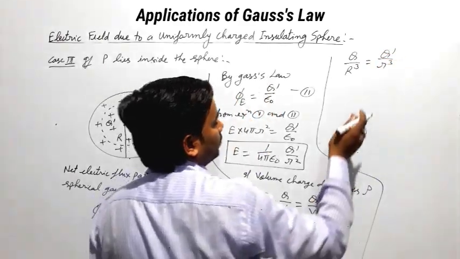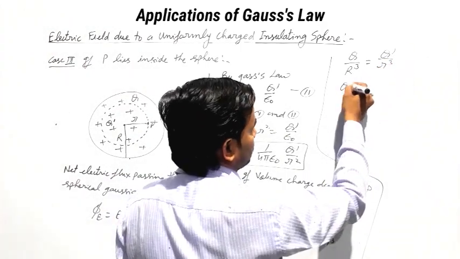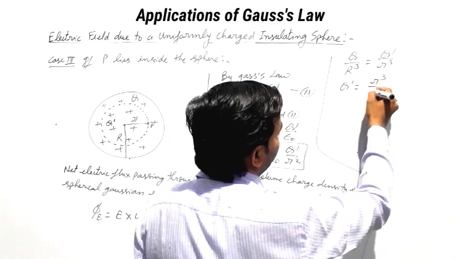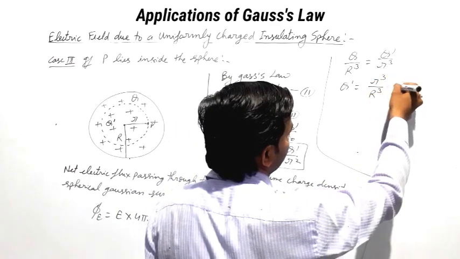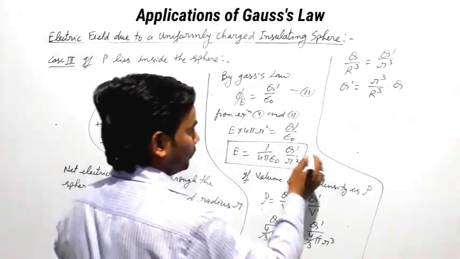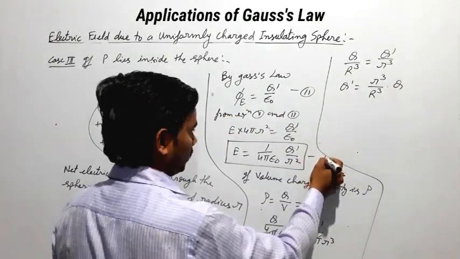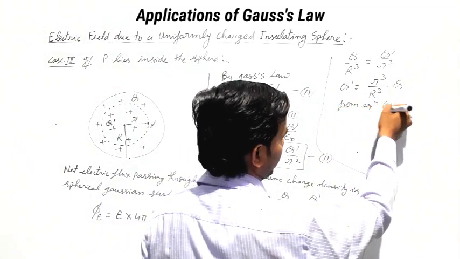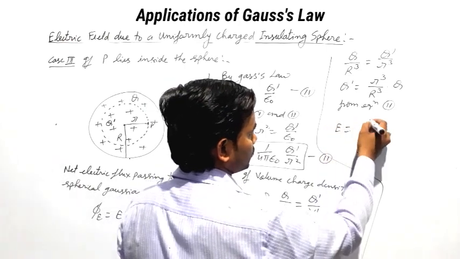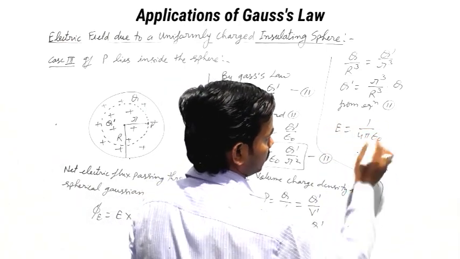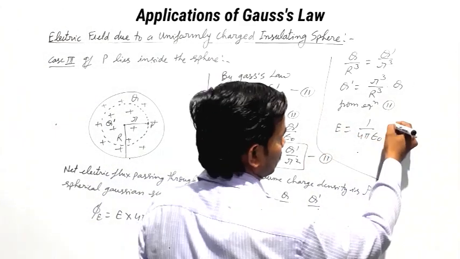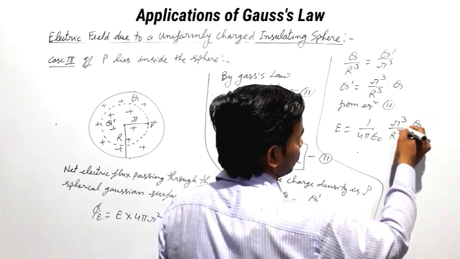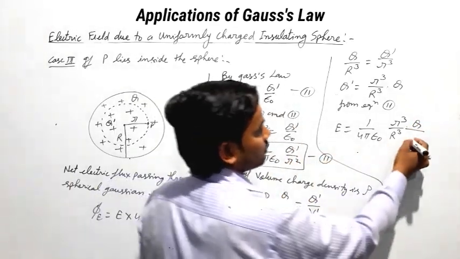Now we will put the value of q dash. So q dash will be small r cube divided by capital R cube into capital Q. Now we put this value of q dash in equation 2. So from equation 2 we can write E equals 1 upon 4 pi epsilon naught, the value of q dash is r cube divided by R cube into capital Q, and this is r square.